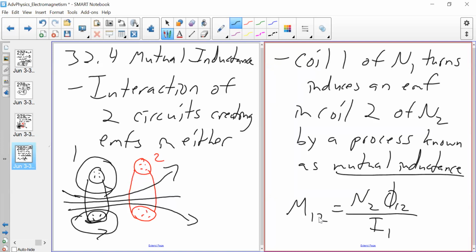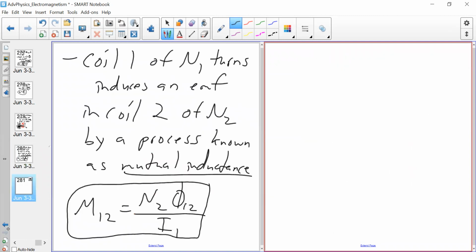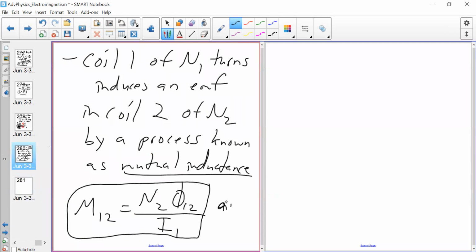We're just looking at the perspective of 1 to 2. We can say that because we'll assume for the sake of argument that the currents are the same value, or they change at the same rate, and vice versa.